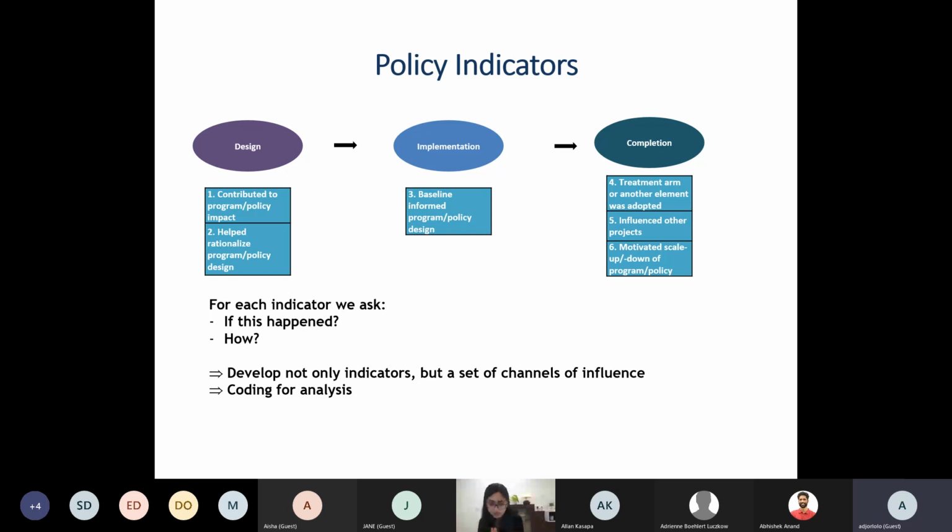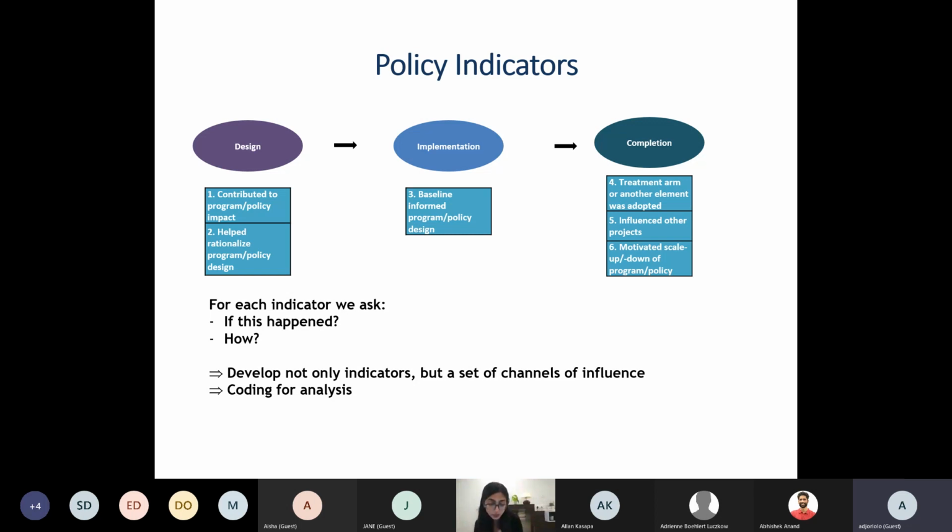And the third step in this policy influence is completion, to see whether the treatment arm or another element was adopted. The treatment arm would be one of the interventions that we were implementing in the research design.